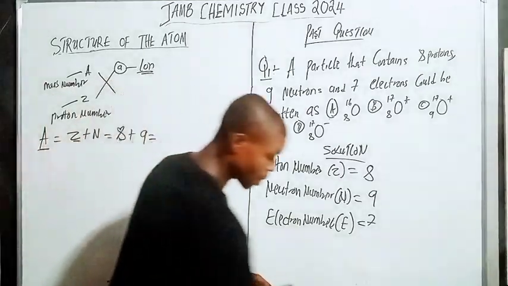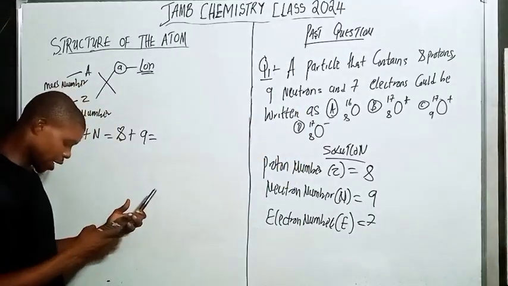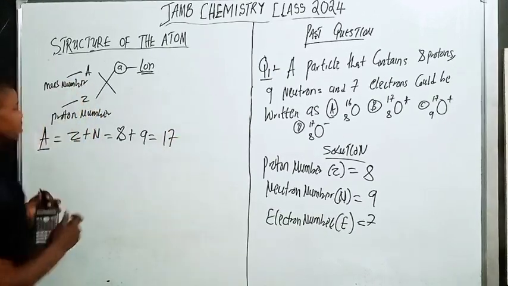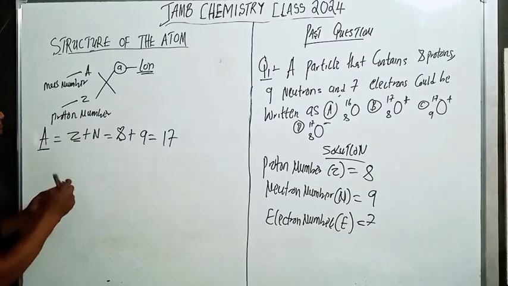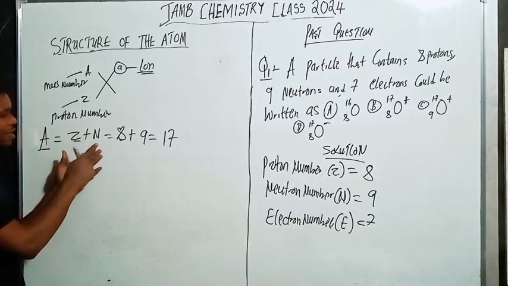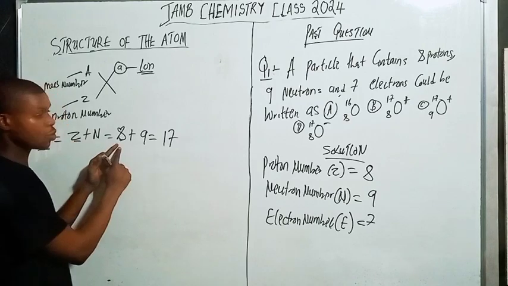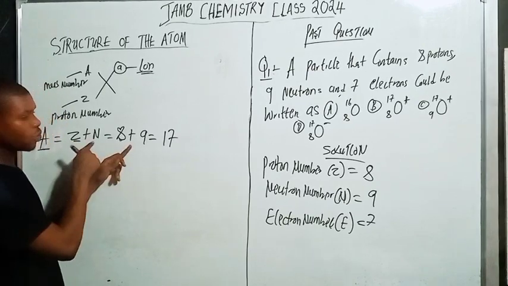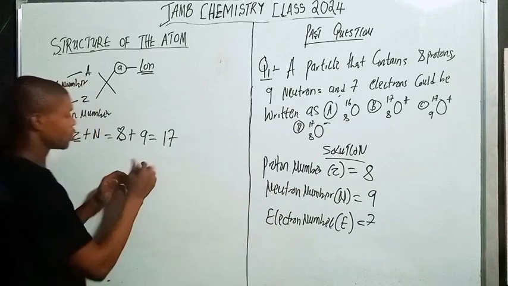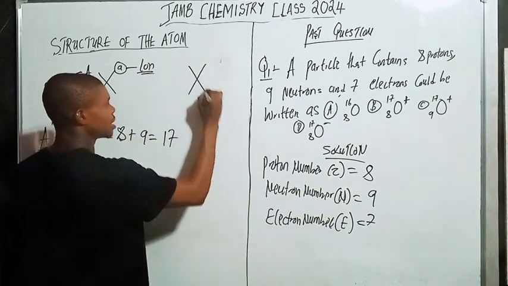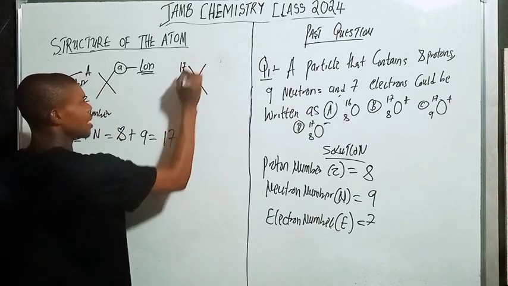Sum the two of them: 8 plus 9 gives 17. So here you can see that A equals Z plus N, 8 plus 9 gives me 17. So here I can say X with 17.